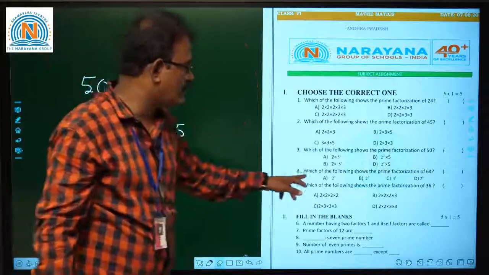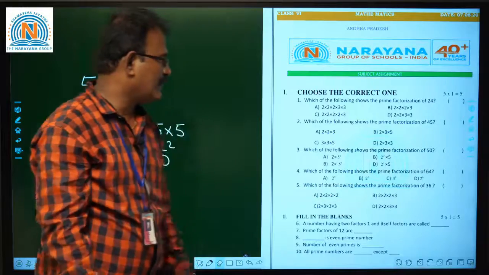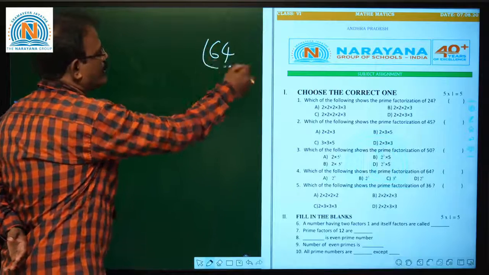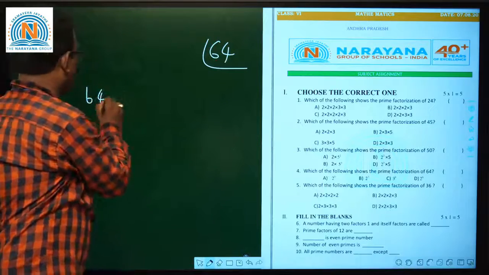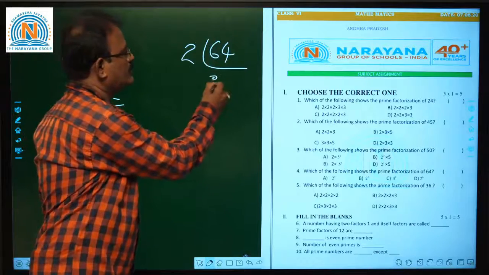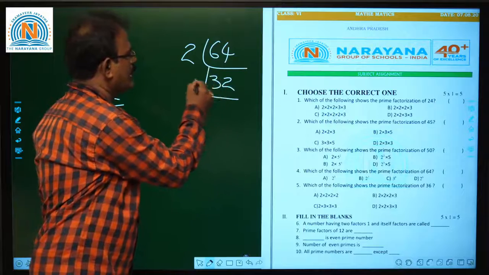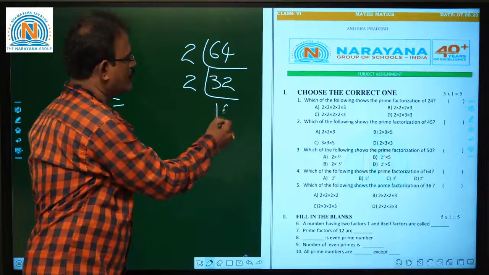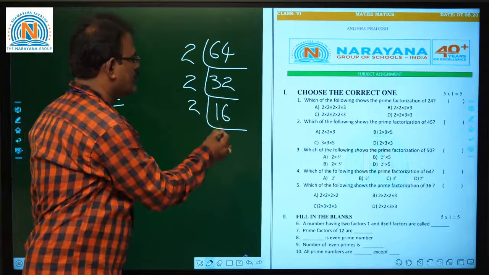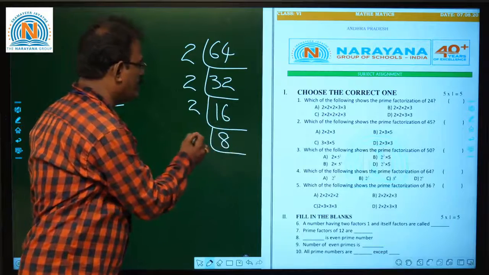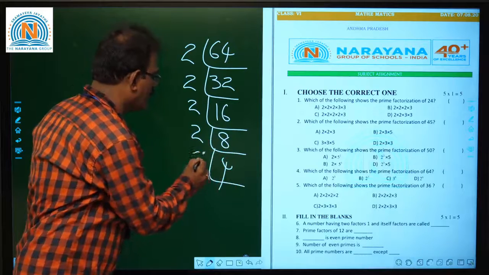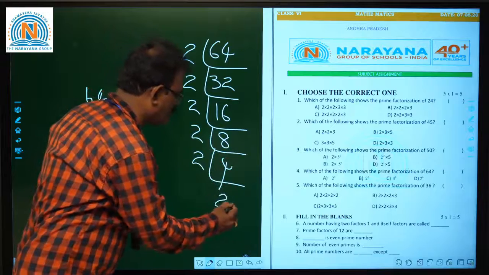Our fourth question: which of the following shows the prime factorization of 64? If you go through 64, it is divisible by 2, 32 times, and 32 is divisible by 2, 16 times, and 16 is divisible by 2, 8 times, and 8 is divisible by 2, 4 times, and 4 is divisible by 2, 2 times.